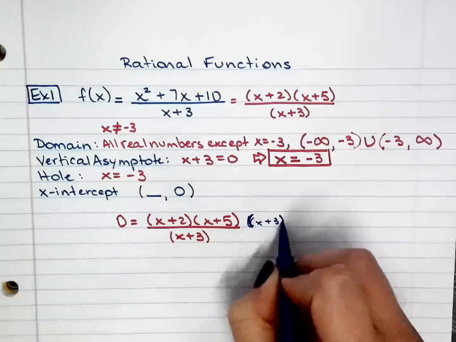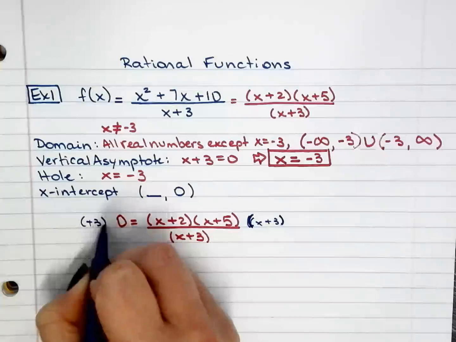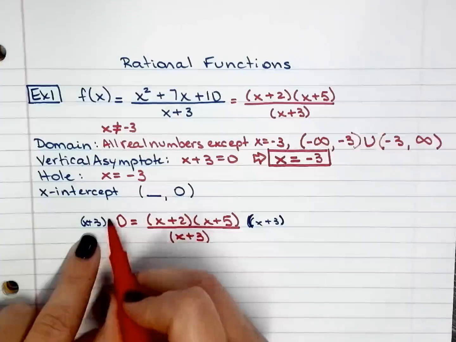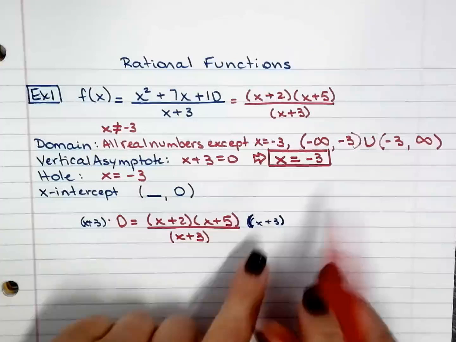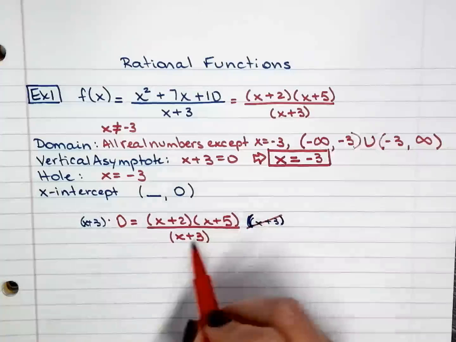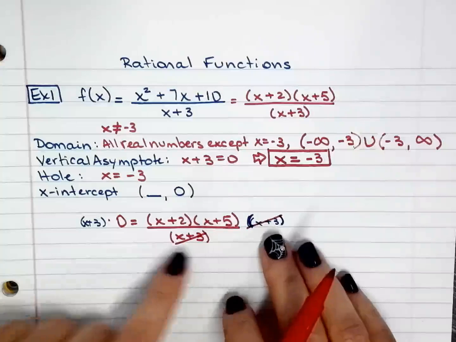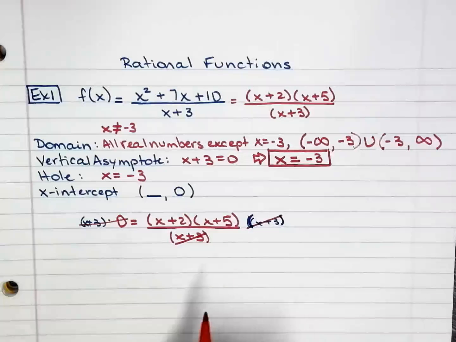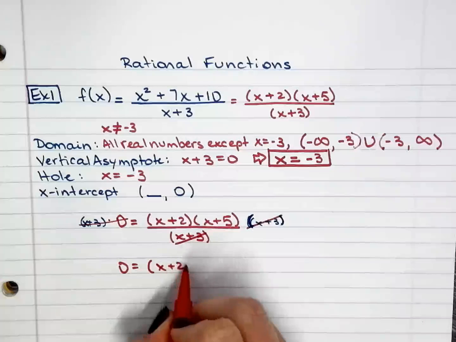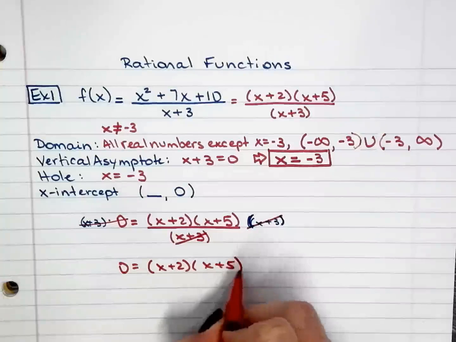It's already there. So now you already know that everything multiplied by 0 is 0. And this I can simplify numerator and denominator. I can mark that out or simplify down to 1. And this is 0. Okay, 0 equals x plus 2, x plus 5.